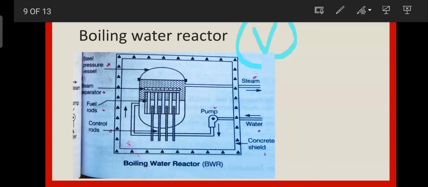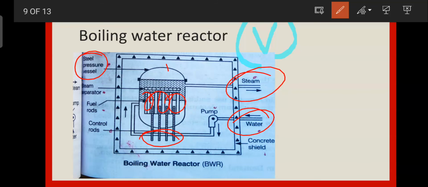That is our boiling water reactor. This is our full figure of the boiling water reactor. This contains a steel pressure vessel like the previous pressurized water reactor, and those are our control rods, and those are our fuel rods made of uranium and thorium, and this is our steam output, this is our water input, this is our pump.